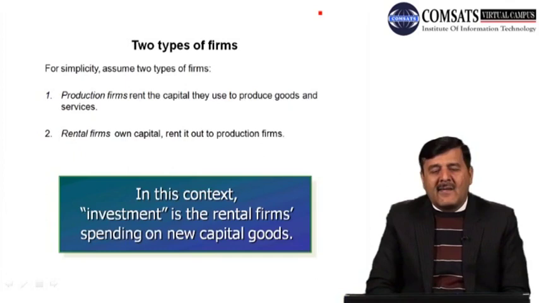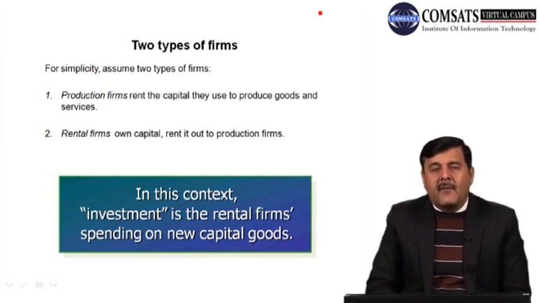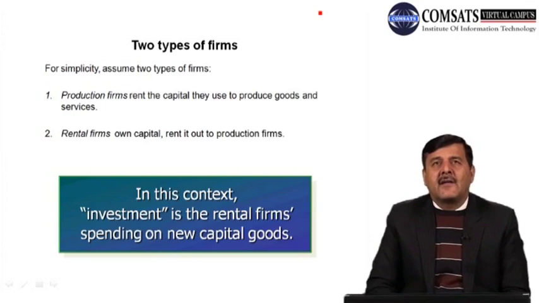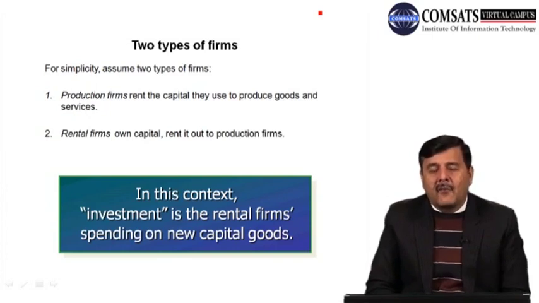Now, in this slide, I would like to tell you about the types of firms. For simplicity, we assume here that there are two types of firms involved in investment. Number one is the production firms. These are the firms that rent the capital they use to produce goods and services.